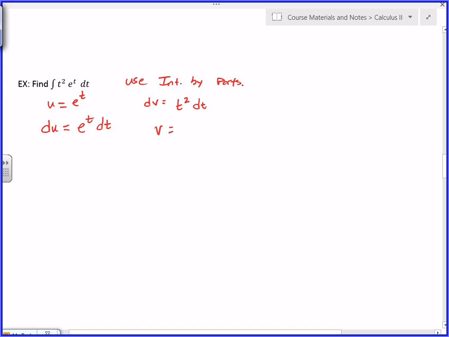And v, I can integrate t squared. I get 1/3 t cubed. And so now when I do uv, I get 1/3 t cubed e to the t, that is this integral, is equal to minus the integral of 1/3 t cubed e to the t dt.